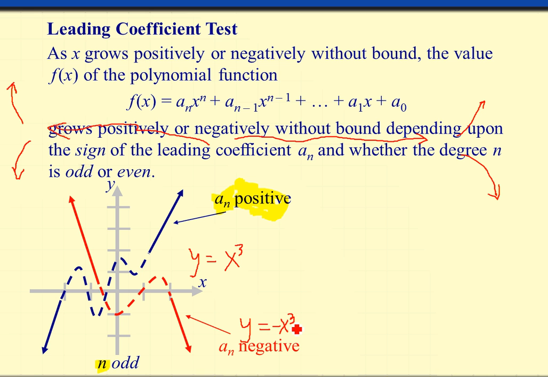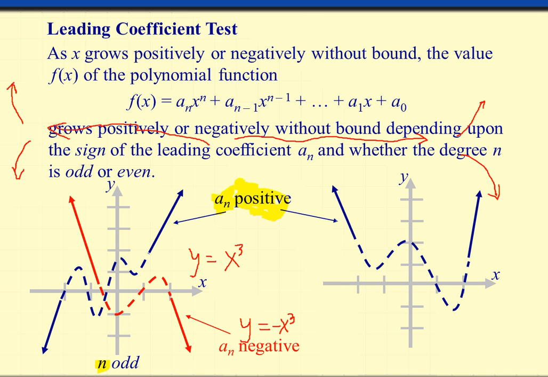If the degree is odd, like 3, and the leading coefficient is negative, like -1, then on the left we're going to be going up, and on the right we're going to be going down. On the other hand, if the degree is odd and the leading coefficient is positive, like a +1, then the graph will be going down on the left and up on the right, like we mentioned earlier. Now, what if the degree is even?